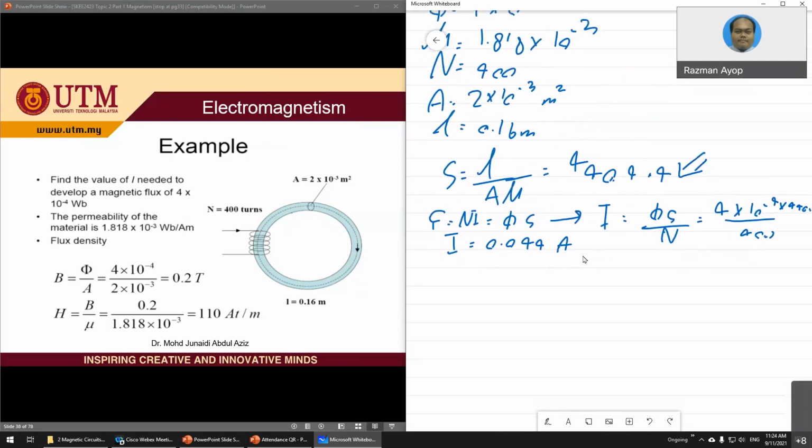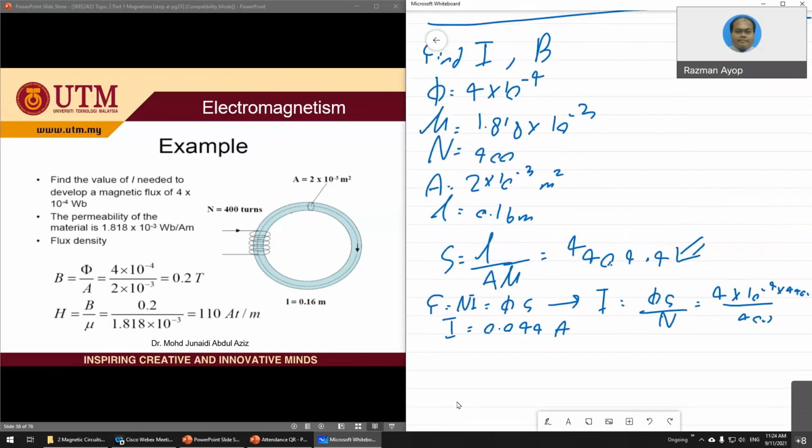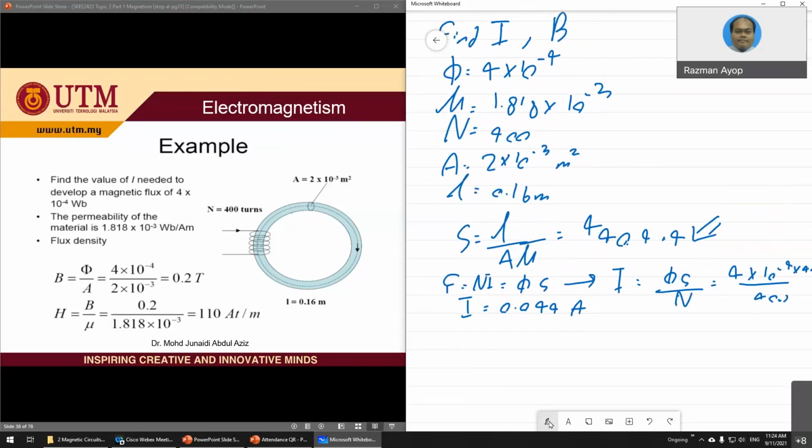And then you already obtained the current, and now you have to find B. They ask you to find the flux density. So flux density is B, and B is equal to flux divided by A. So flux divided by A: flux is 0.044, divided by the area, 2 multiplied by 10 power negative 3.